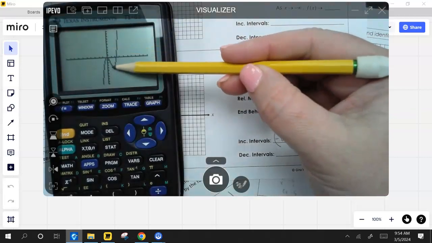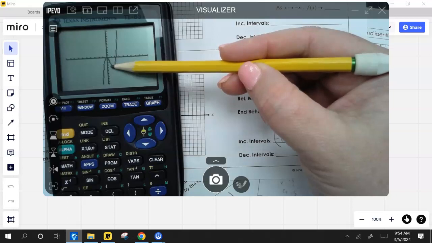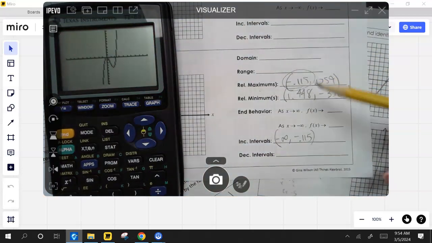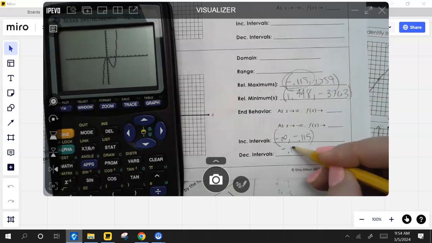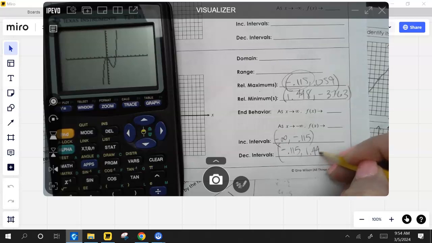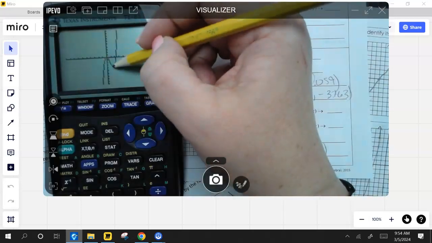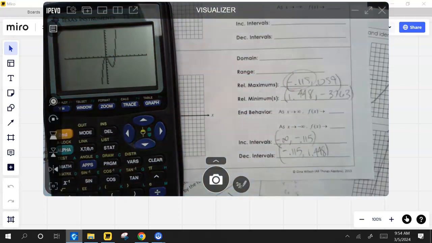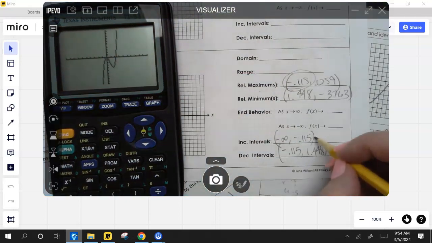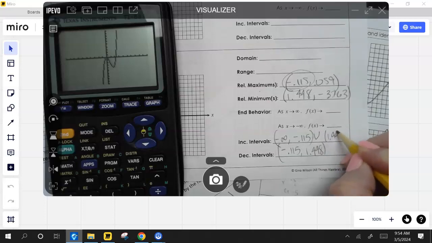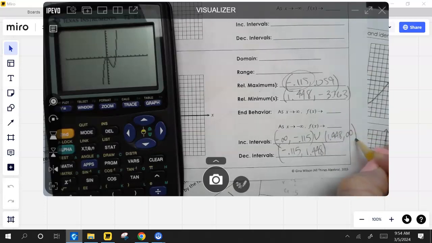From here to here, I'm decreasing, right? So that is from negative 0.115 until I get to 1.448. So that's this little piece right here. And then from here on to infinity, I'm increasing, right? So I come back up to the increasing and I do the U, and I do from 1.448 to infinity.